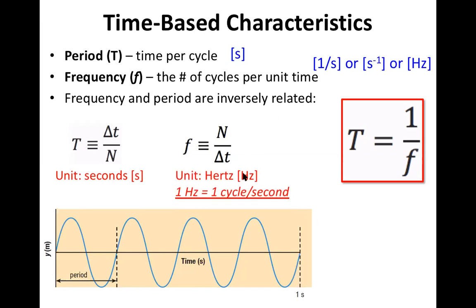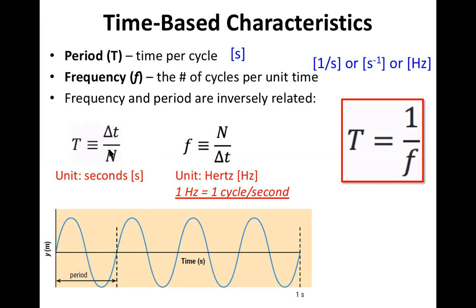These are formal equations based on the definitions of period and frequency. So N is the number of events, and an event in this case is a cycle. So from equilibrium up to the crest, down to equilibrium, down to the trough, and back to equilibrium. So that would be considered one cycle.